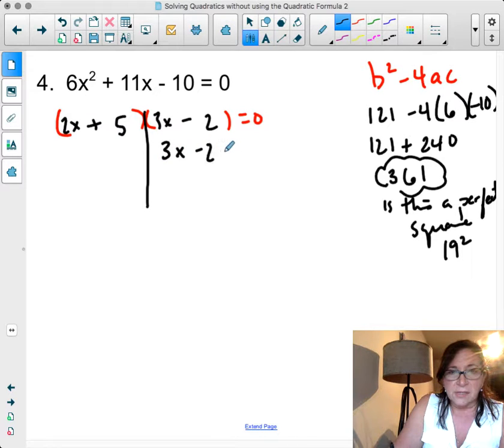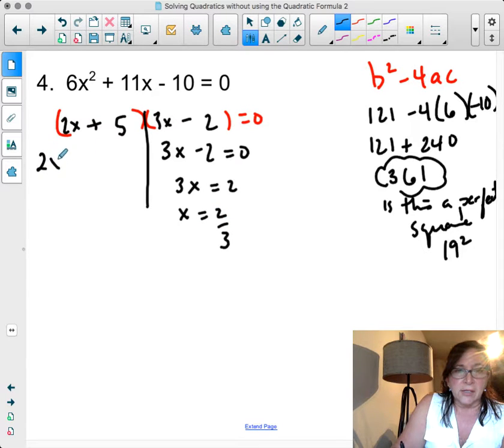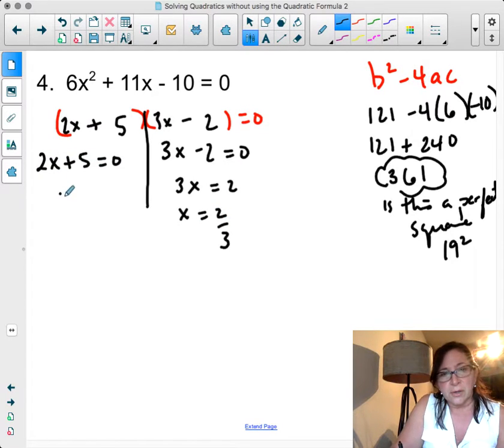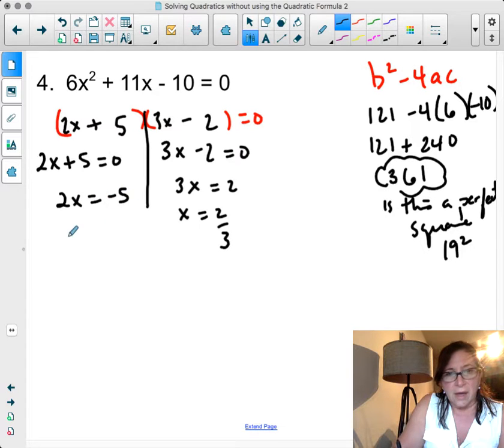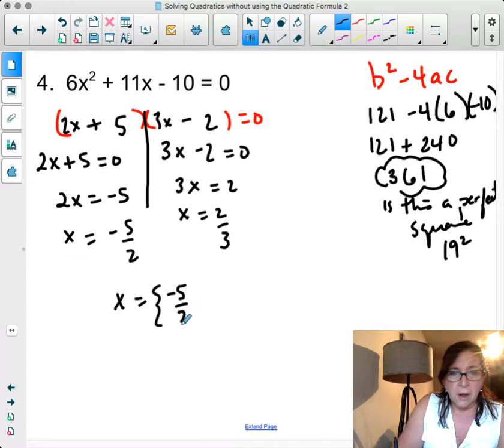So 3x minus 2 equals 0, 3x equals 2, x equals 2/3. 2x plus 5 equals 0, 2x equals negative 5, and x equals negative 5 halves. So my solutions are negative 5 halves and 2/3.